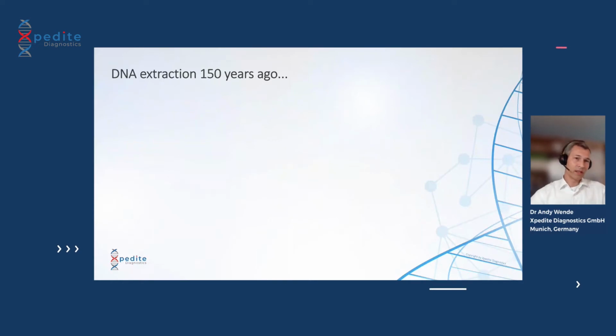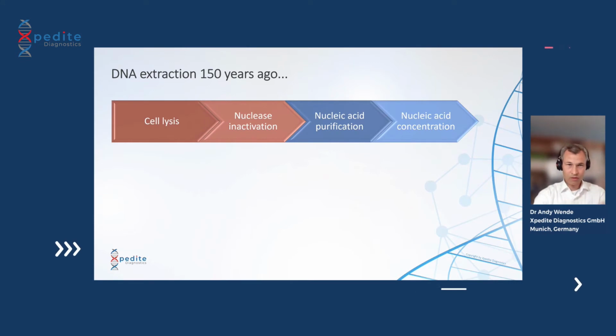So how did the extraction look 150 years ago when Friedrich Miescher did it the first time? You see the scheme: it always was the same, it always will be the same. In the 1870s, Miescher, as I said, worked on leukocytes. In his early protocols, he washed them several times with warm alcohol, which provided a certain lysis of the cells. Then he deactivated the nucleases and also broke down proteins of the cell itself by a very long protease digestion.